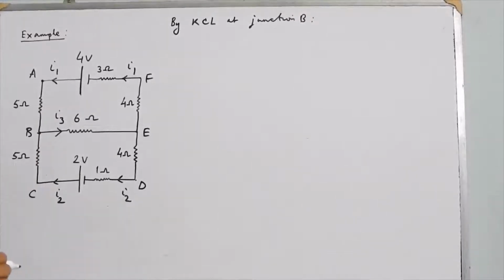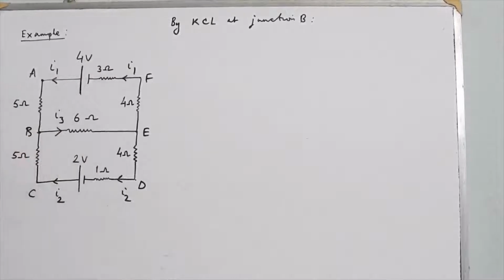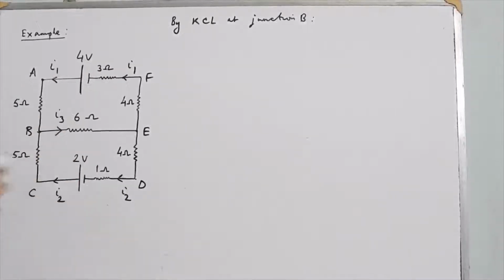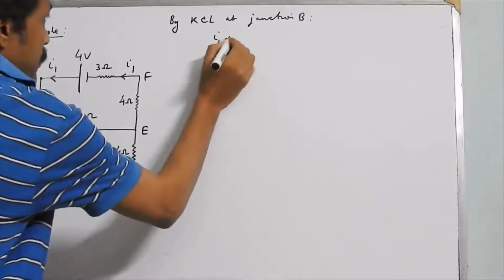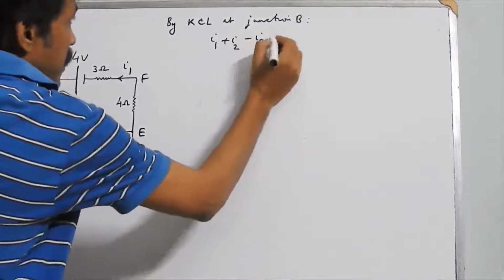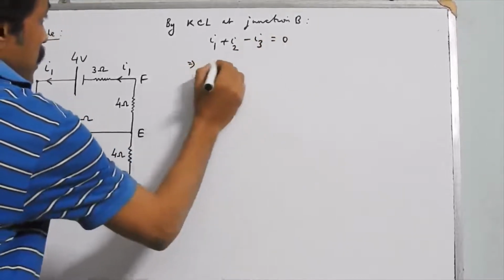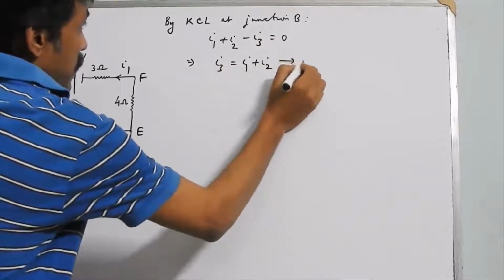By Kirchhoff's first law or KCL, the algebraic sum of currents entering the junction is 0. So for currents entering we take positive, and for the current leaving, that is I3, we take it as negative, and this sum is 0, which means that I3 is obviously I1 plus I2. This is our first equation.